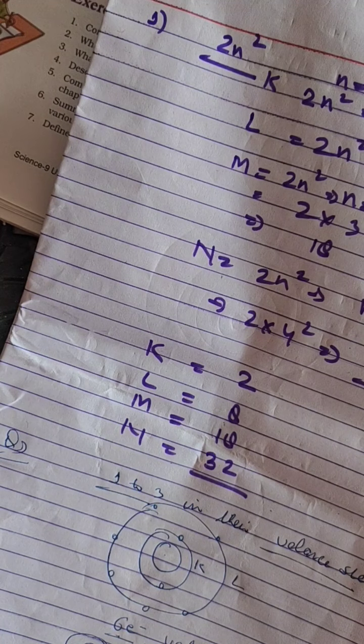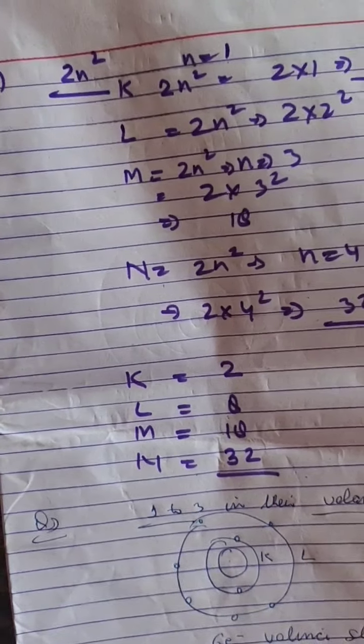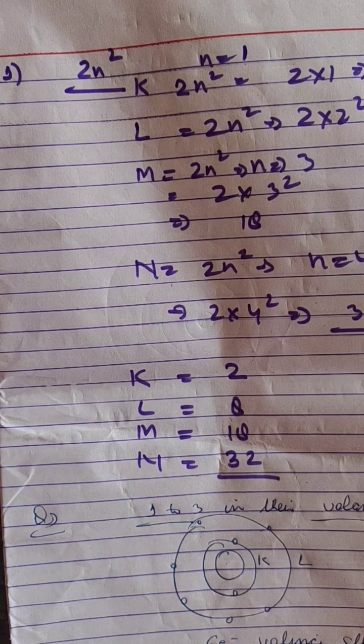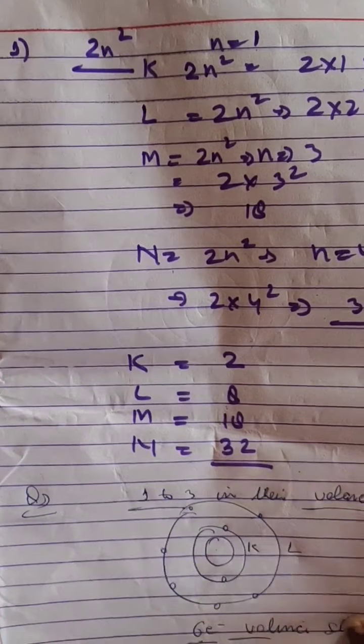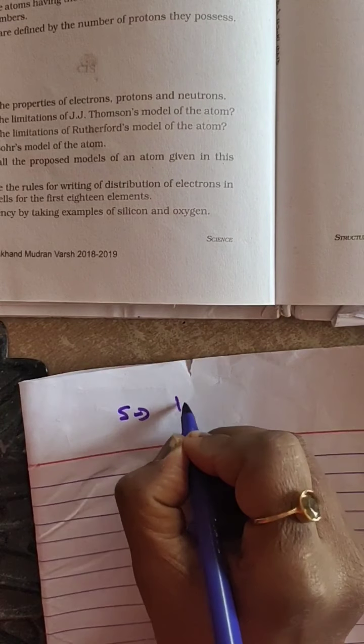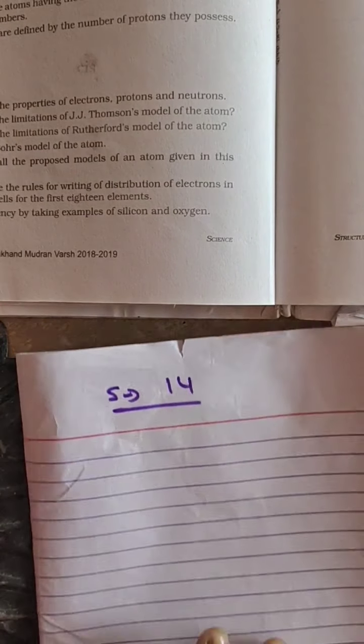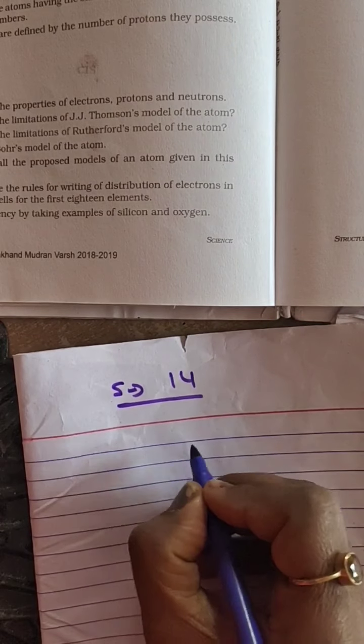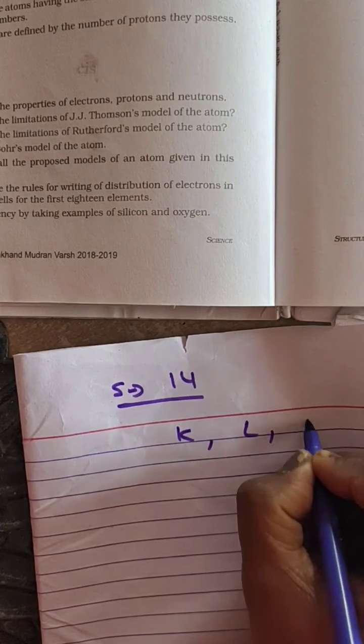Okay, so the number of electrons by which an atom is reacting with another atom is called the valency. Example, the valency of silicon, which is asked here. Silicon has atomic number 14. Okay, so according to this, it has K, L and M shells.